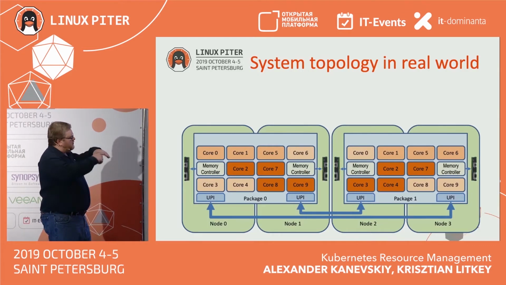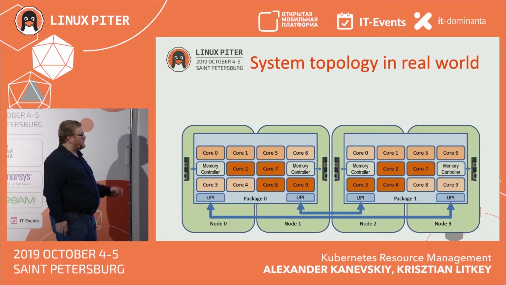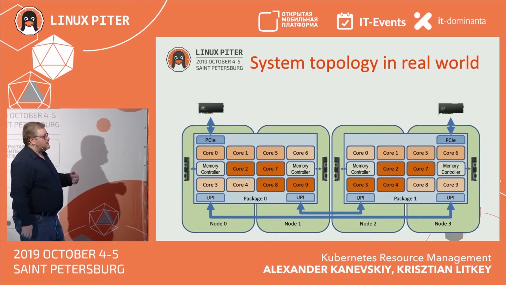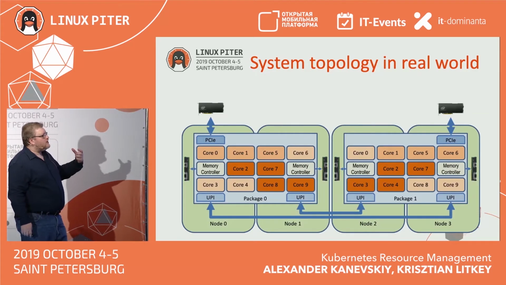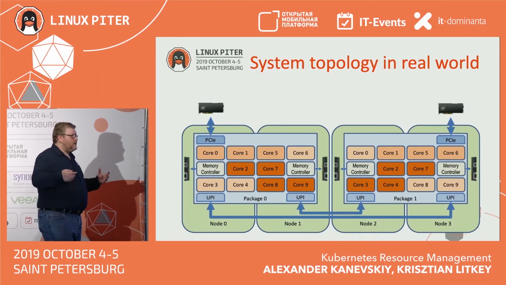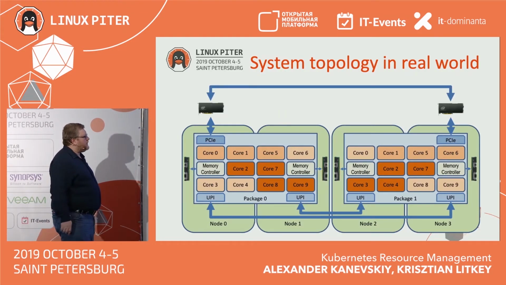The BIOS can say that the 2 memory controllers on the same socket become 1 NUMA node. And then you have devices, which are close to a particular core, even though the operating system, Linux, sometimes hides it behind NUMA locality.